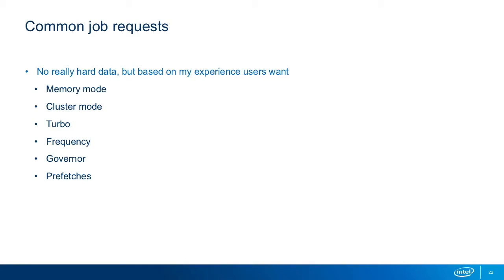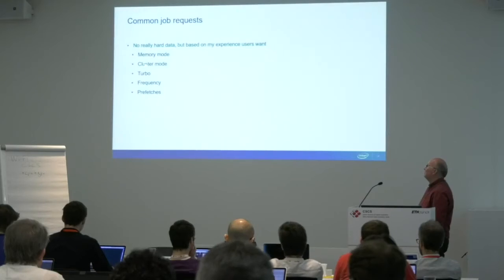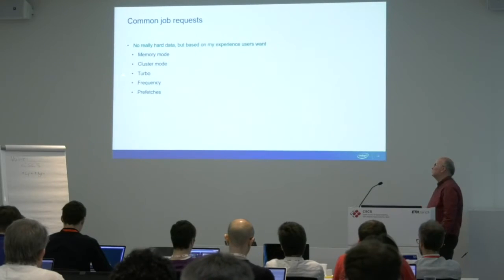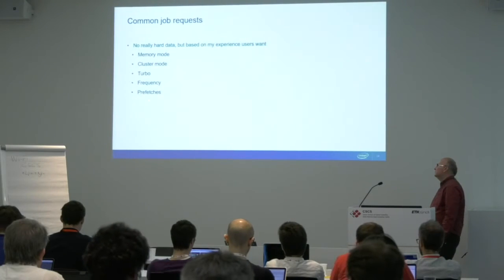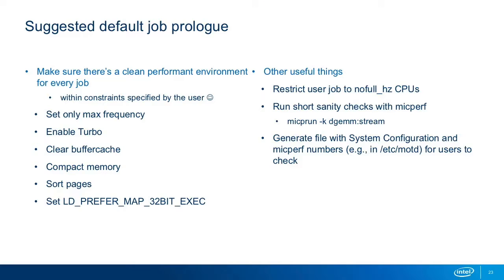Common job requests. What if you make a job, then you have to specify the memory mode, the cluster mode, the turbo mode, the frequency, and probably the prefetches. And some suggested default job settings: we just set the max frequency.